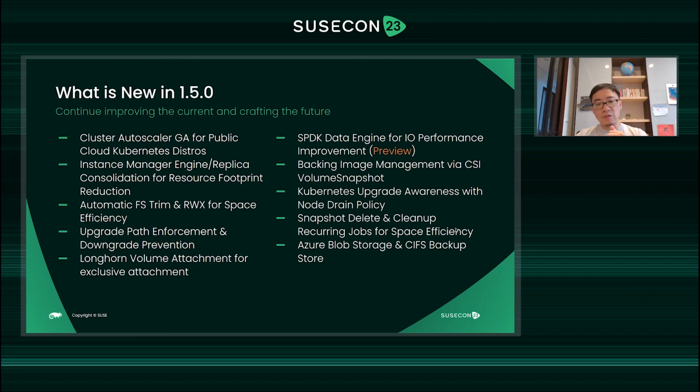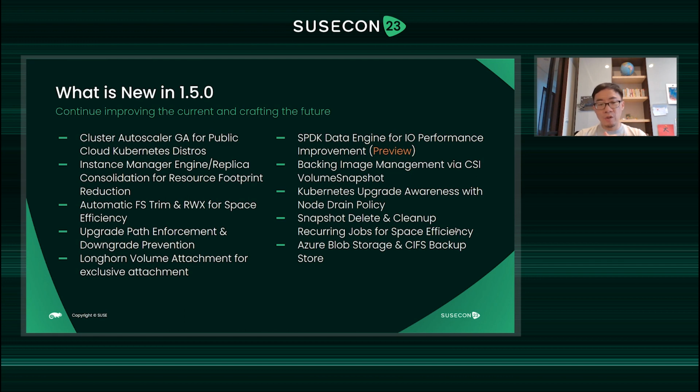Instance manager resource. We currently have an instance manager for engine and a replica instance manager, two pods. When you're doing the Longhorn upgrade, it will increase to four pods, because we want to make sure of a no-disruption volume upgrade.